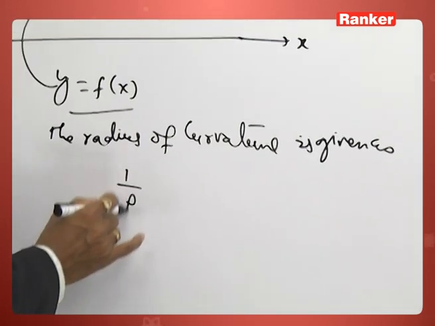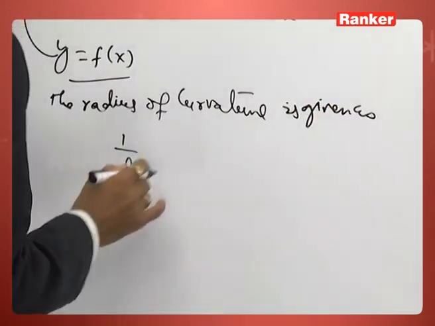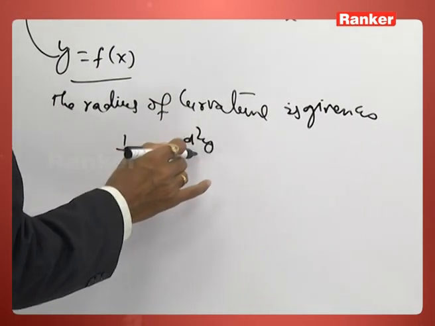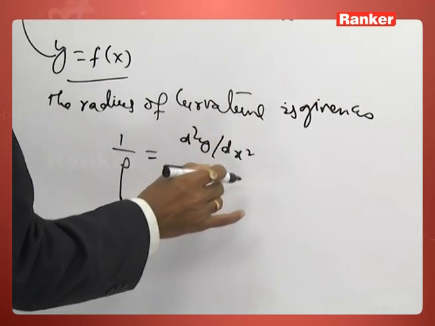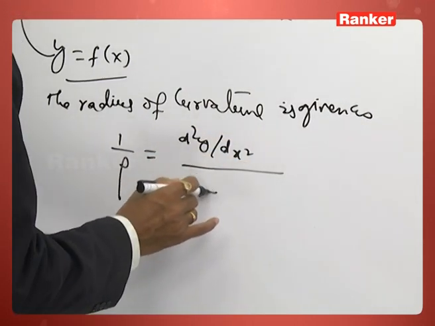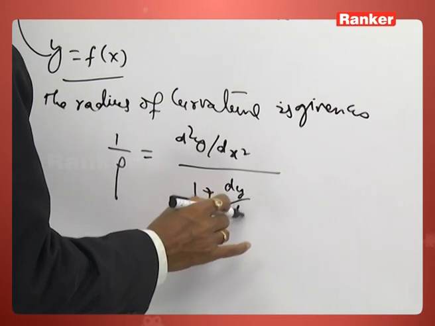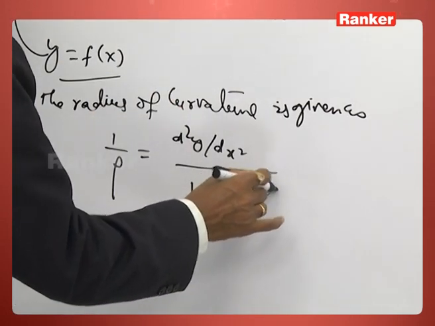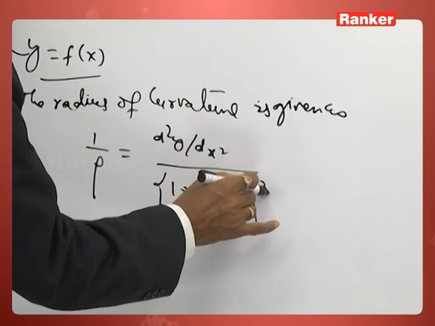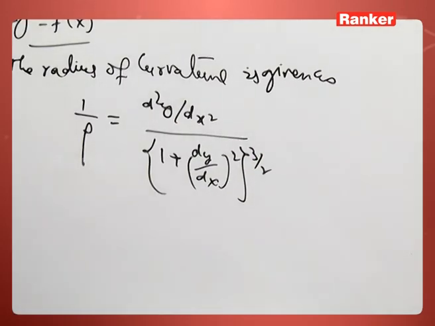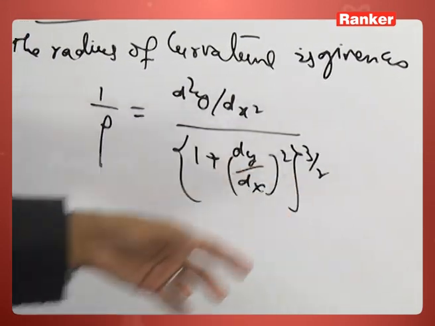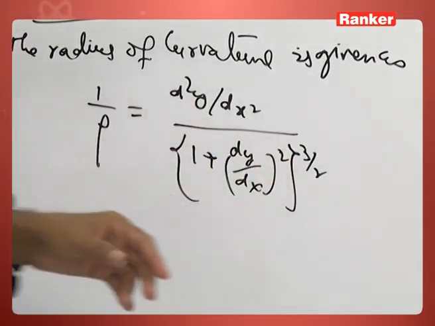1 by rho, where rho is the radius of curvature, is equal to d square y by dx square upon 1 plus the square of the slope of the curve, and the 3 by 2 power of the denominator.